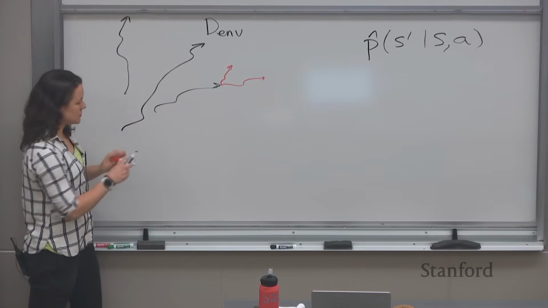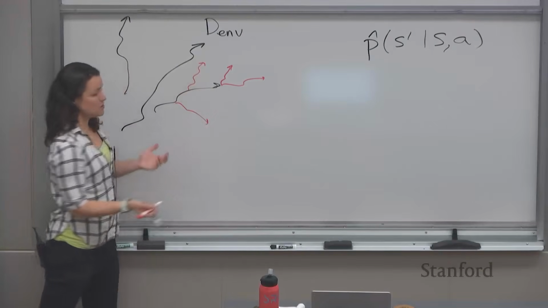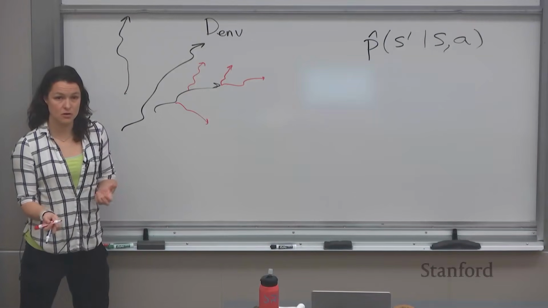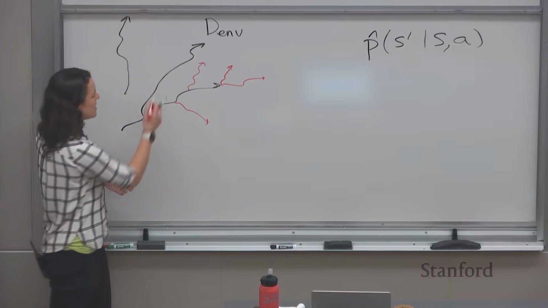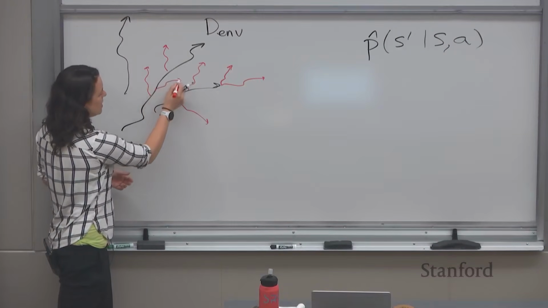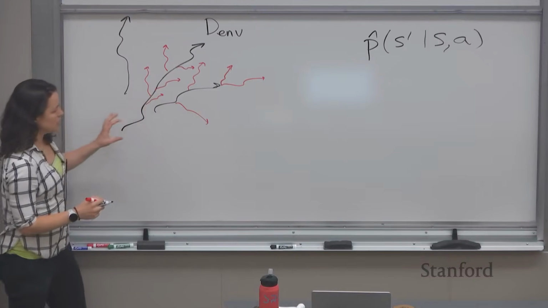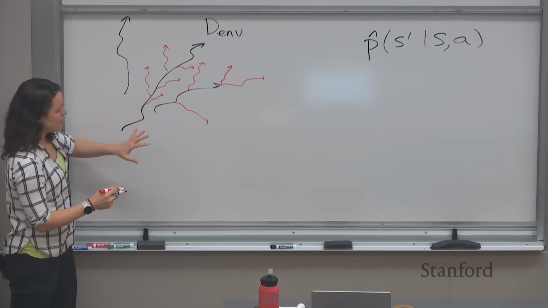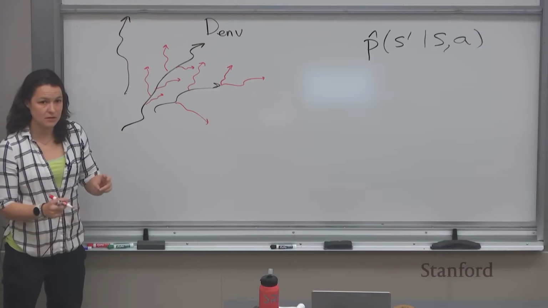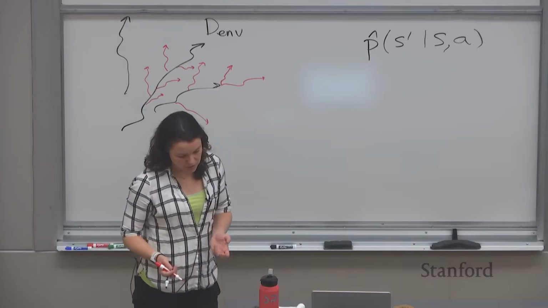So you could, for example, generate trajectories from really any state in your buffer, in your data set. And if you were to do something like that, then you would be able to generate data that looks like this, where everything in red is synthetic data, or data that was imagined using your model.